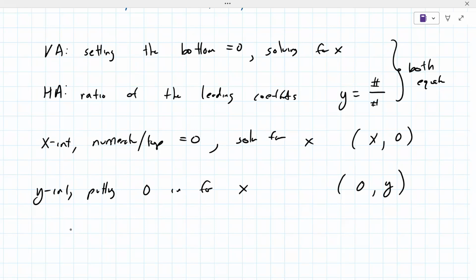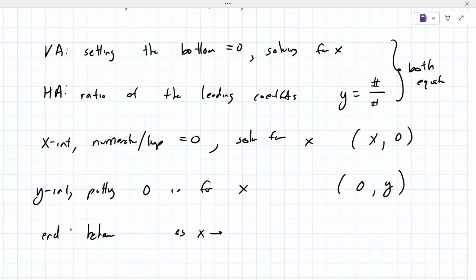So ordered pairs. X-intercept: x, 0. Y-intercept: 0, y. And then end behavior, we just talked about.